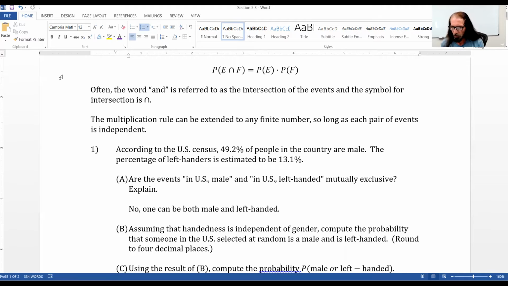Okay, so we've got the word and, we've got the word independent. We're going to be using the multiplication rule. Notice that we have the events and then we have the probability of the events.